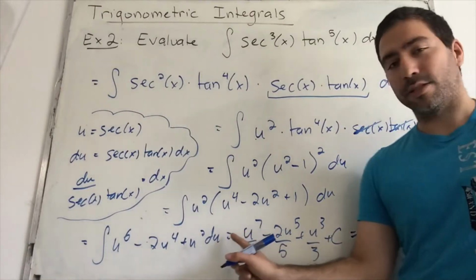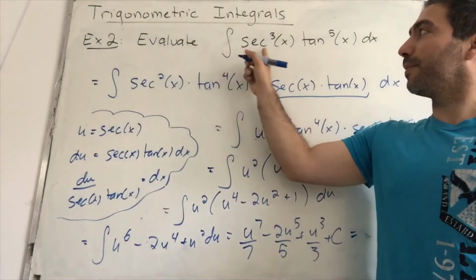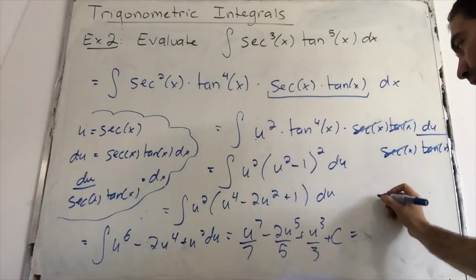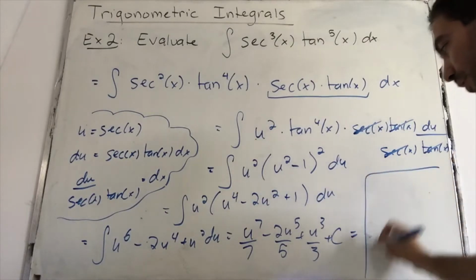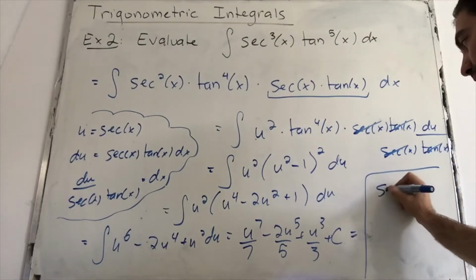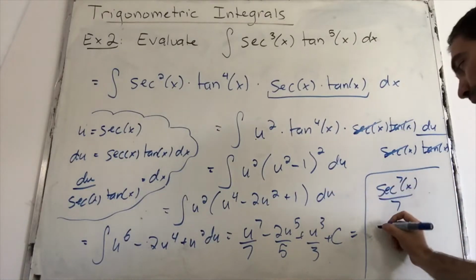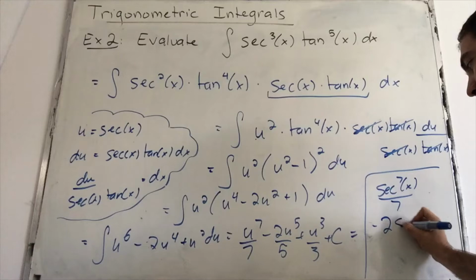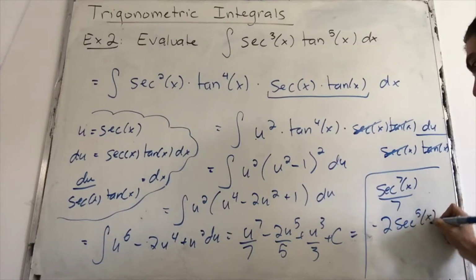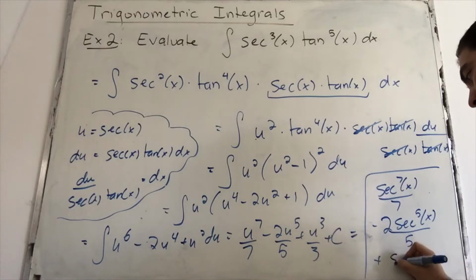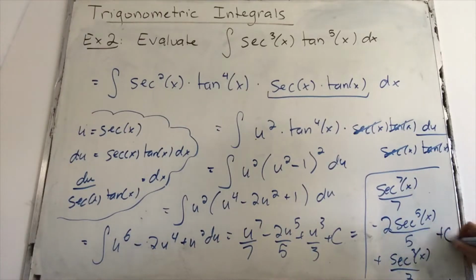And lastly, as always, we come back in terms of the variable that we started with, so we come back in terms of x. So this is just secant. I don't have much room, so I'm just going to slip it in here in the box. We have secant 7x over 7, minus 2 secant to the 5x over 5, plus secant cubed x over 3, and all this plus your constant c.